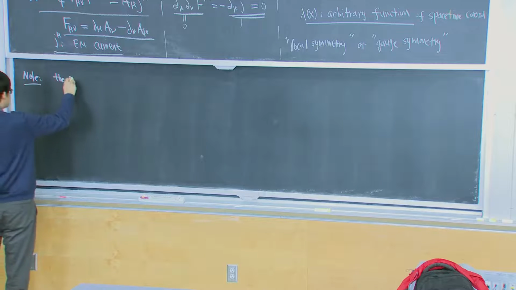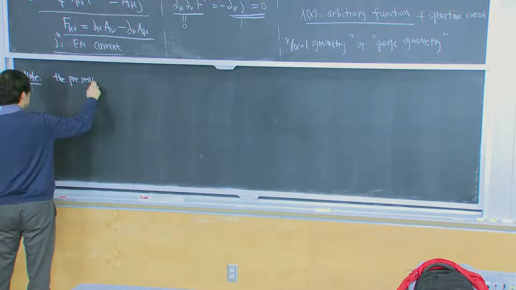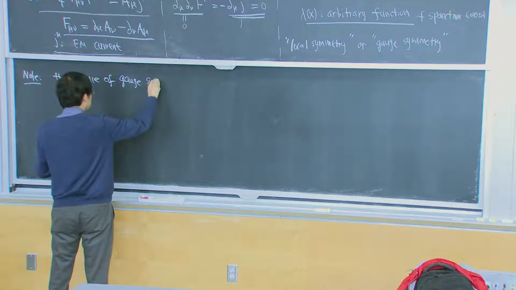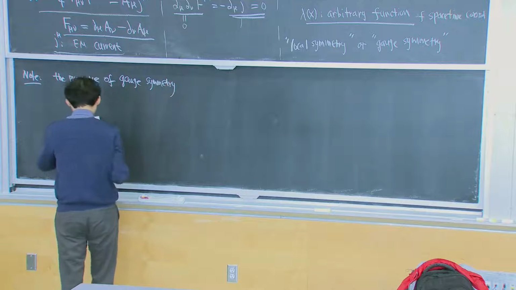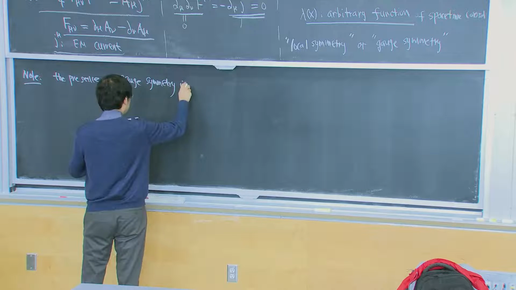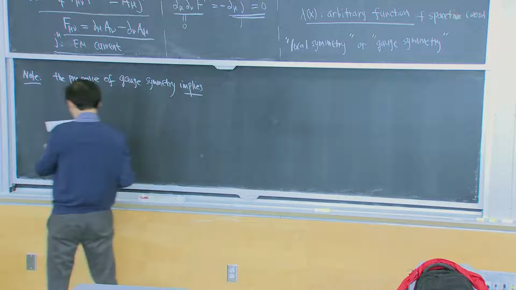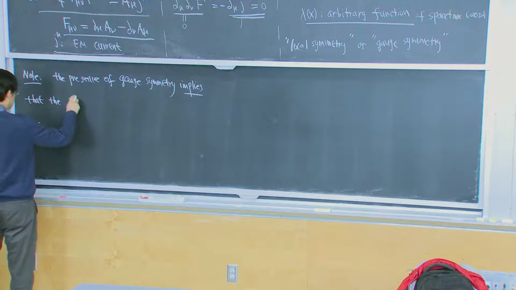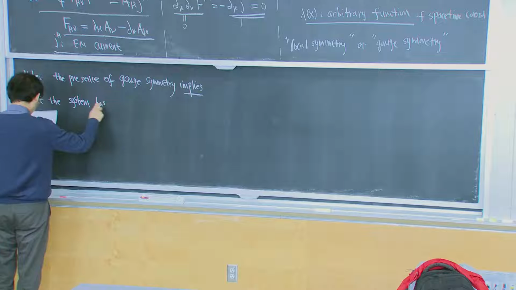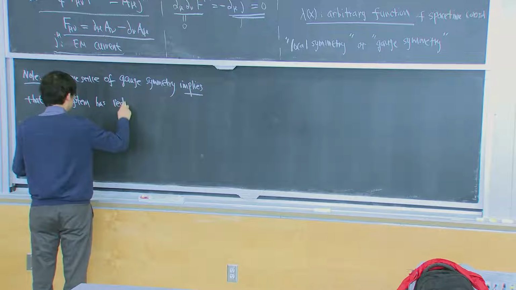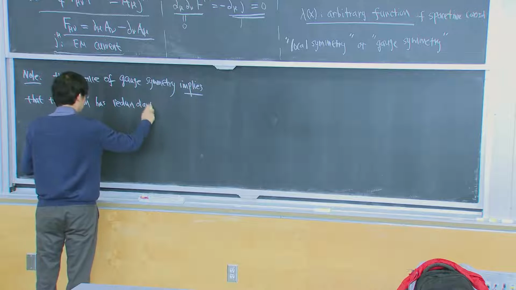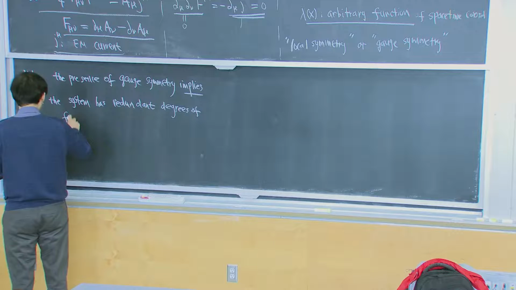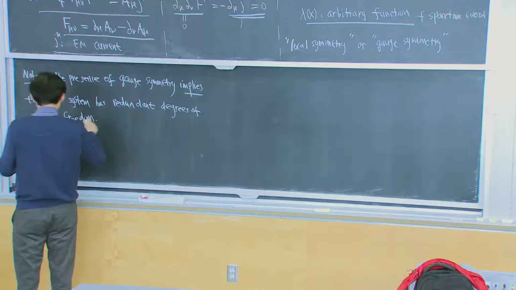The presence of a gauge symmetry implies that the system has redundant degrees of freedom.